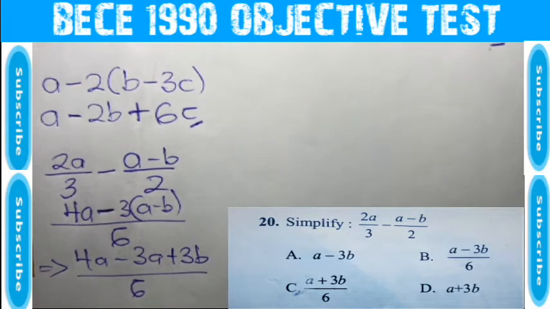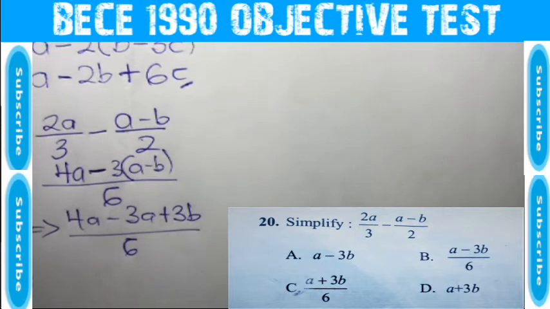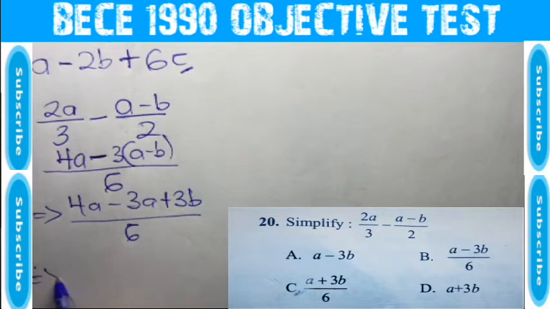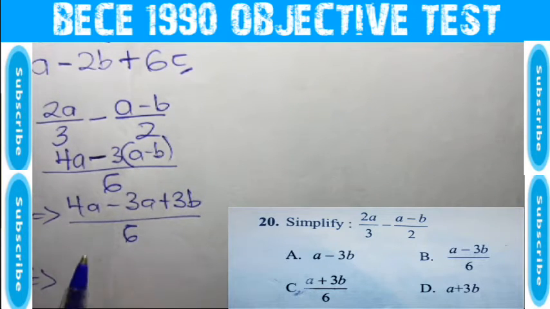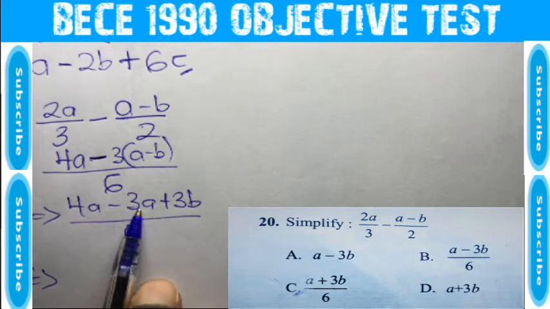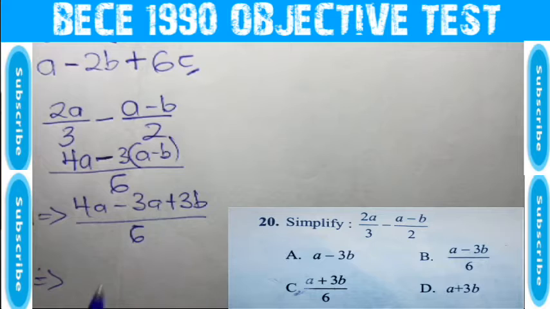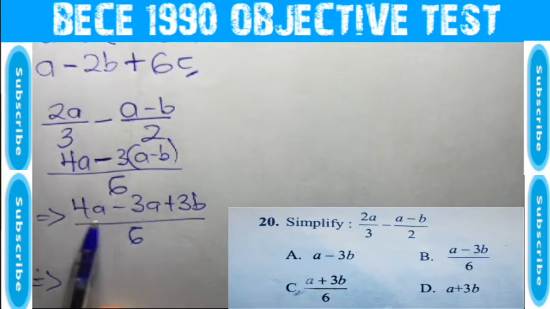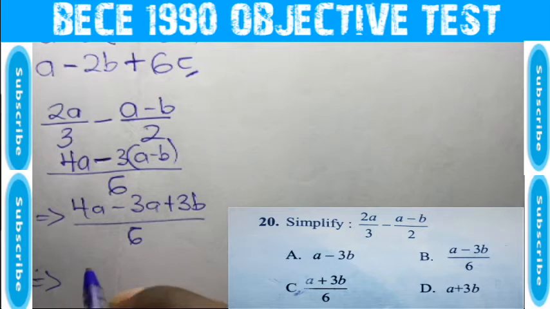And moving on, we have 4a minus 3a. So 4 minus 3 gives us 1, all right? We have a and a, they are like terms, so we can find their difference. So 4a minus 3a gives us a, that is 1a, but we write it as a.